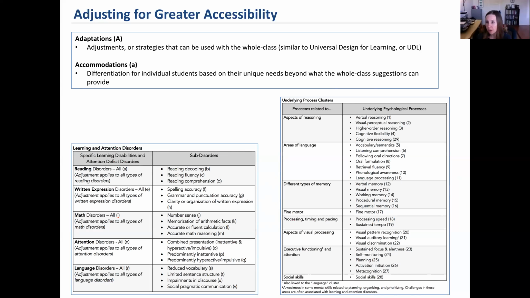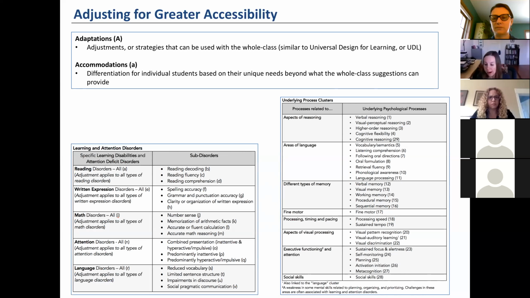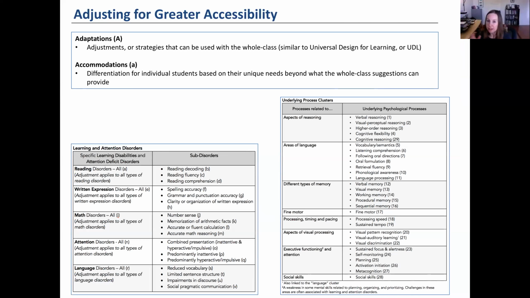Even among students who have a similar formal diagnosis, say in language, the characteristics of the disorder can vary and present differently, because those students are still going to have different combinations of strengths and weaknesses in some of these processes. The other thing to keep in mind is that within the normal range of the human population, all of us have different areas within these psychological processes where we have strengths and weaknesses.